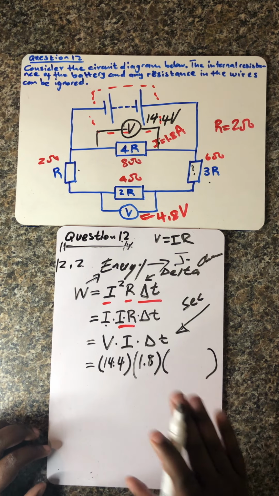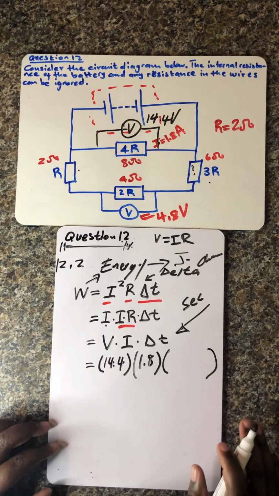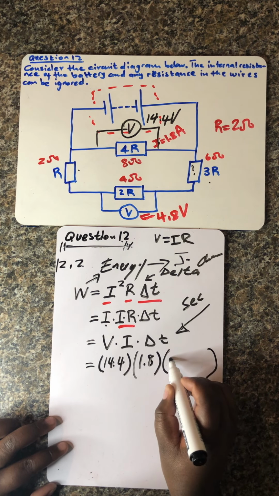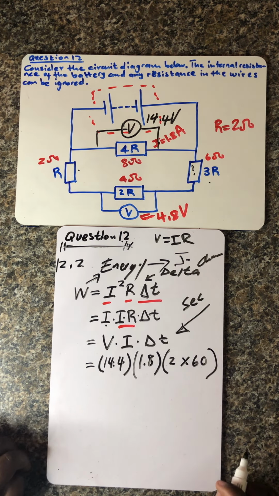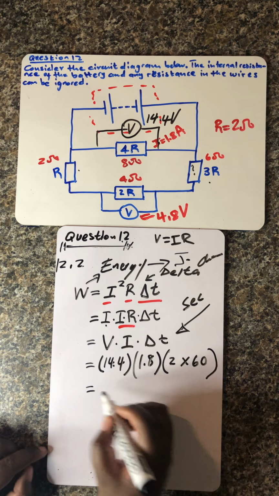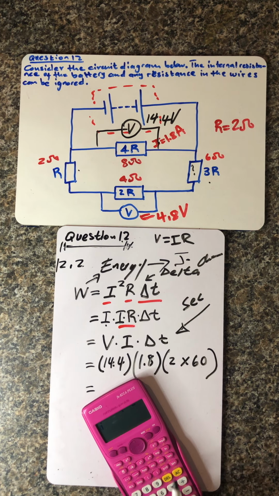But they won't go that deep. They'll just give it in minutes or hours. So they said 2 minutes multiplied by 60 seconds. This is how you convert it to seconds. You just punch in everything on a calculator.